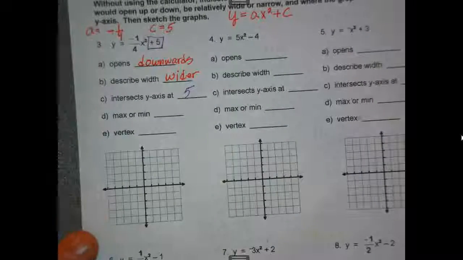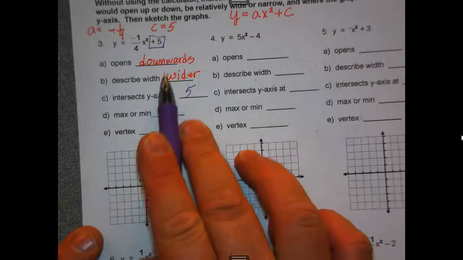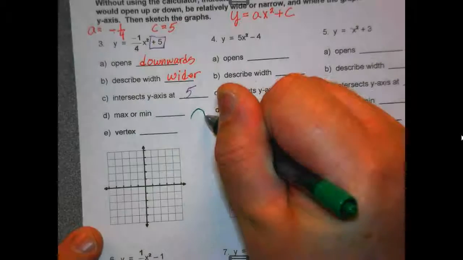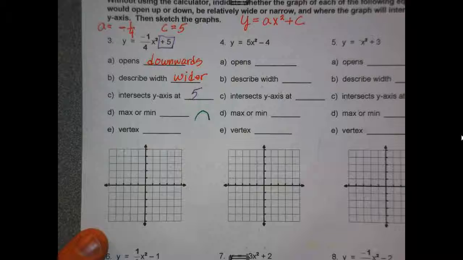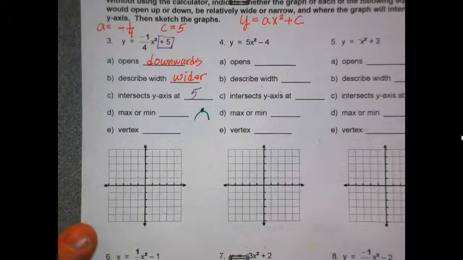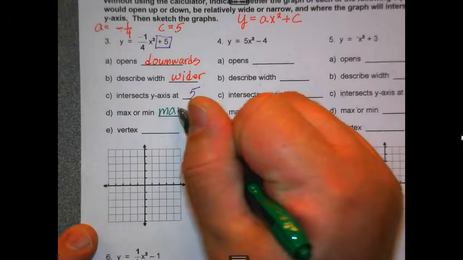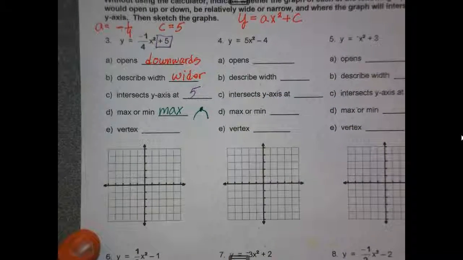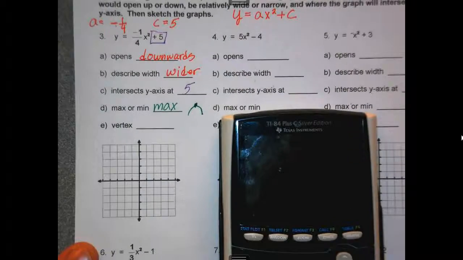Now, since it opens downwards, that means our parabola is going to look something like this. Opens downwards, do we have a max or a min? Be careful, our vertex is a maximum, right? And to determine what the vertex is, let's go ahead and put it in our calculators.